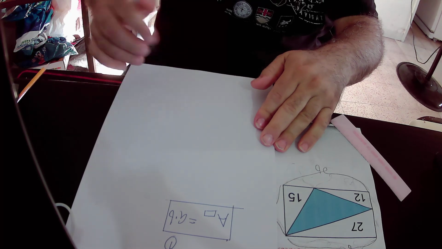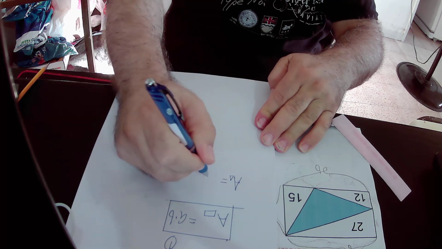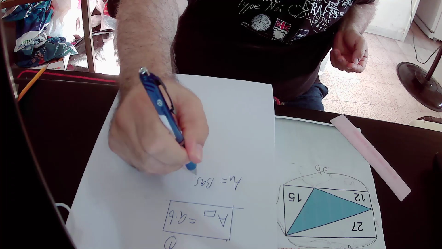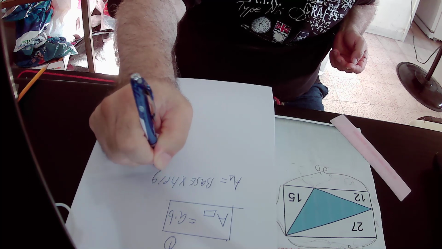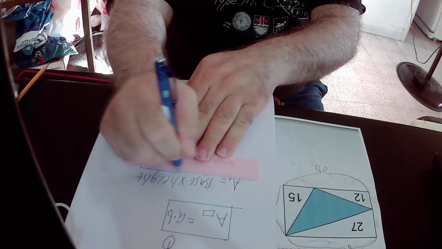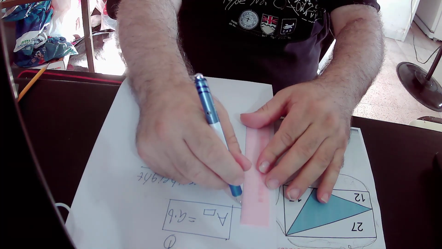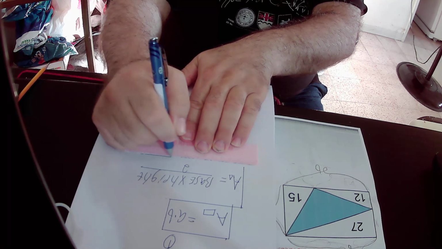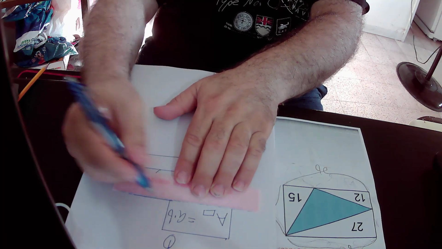So the general equation for the area of a triangle is the base of the triangle times the height to the base divided by 2 equals the area of a triangle.